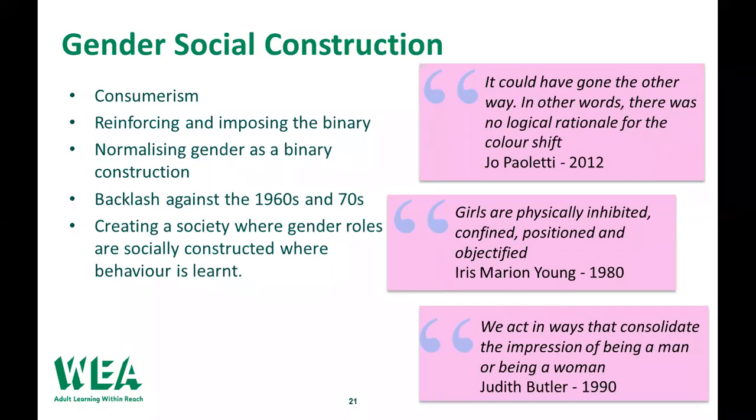So when you're born, you can be born male or female, but you don't start to express yourself as male or female. It's all about what happens around you and what the environment's like as to how you express yourself. And then we have Iris Marion Young, who in 1980 wrote a book about throwing like a girl. And she said that girls are physically inhibited, confined, positioned and objectified.